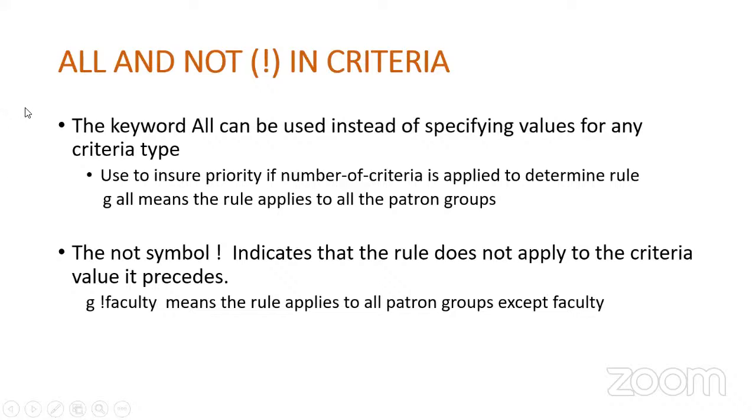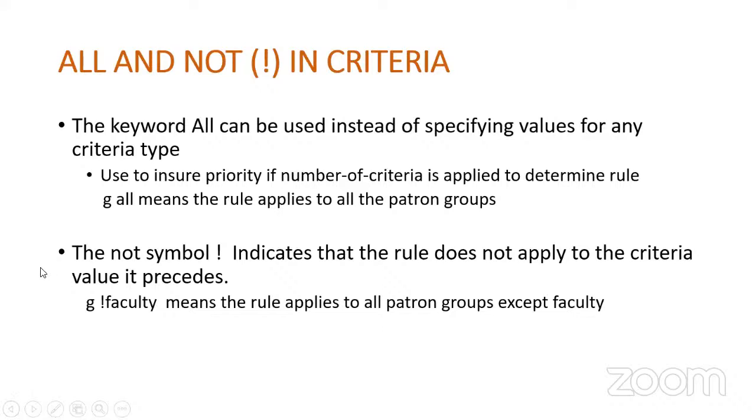And you might want to use that if you think the number of criteria may be used to disambiguate a rule. Number of criteria just means how many different criteria you have entered. And it can be used to determine which rule to use.